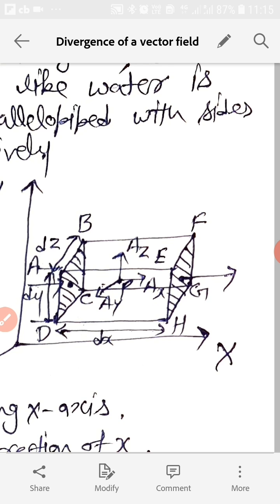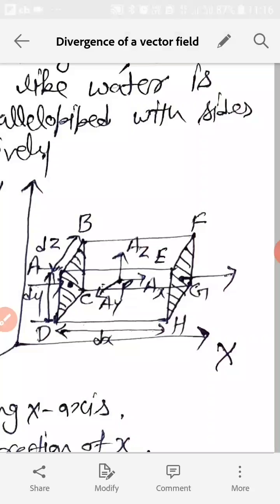This face is in the yz plane, so the sides EF will be dz and EH will be dy, so the area of this face will be dy dz. So the flux will be the value of that vector at point R into this area dy dz.